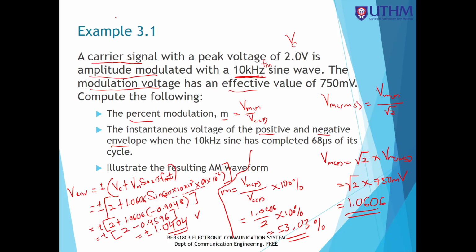First you need to know that VC is equal to 2 volt, and VM is equal to 1.0606 volt. From here I can calculate the max and minimum.